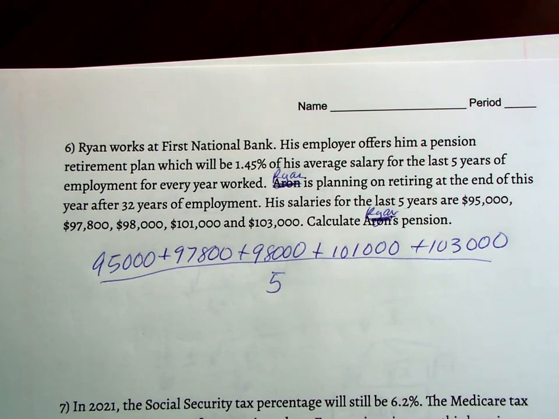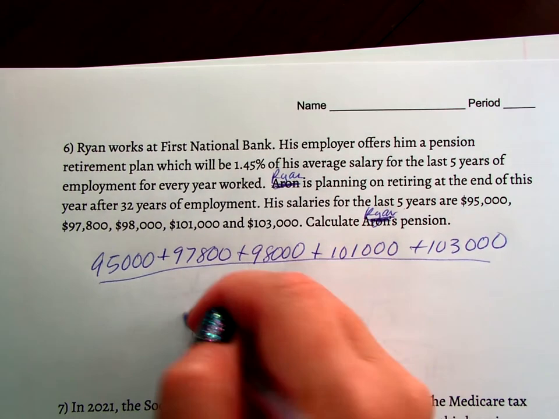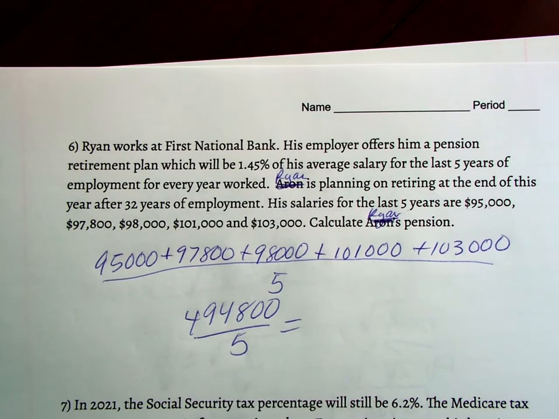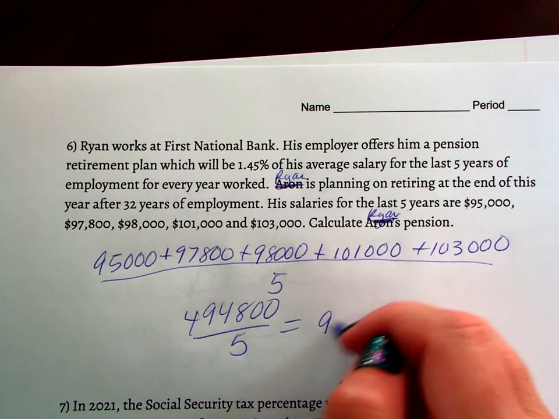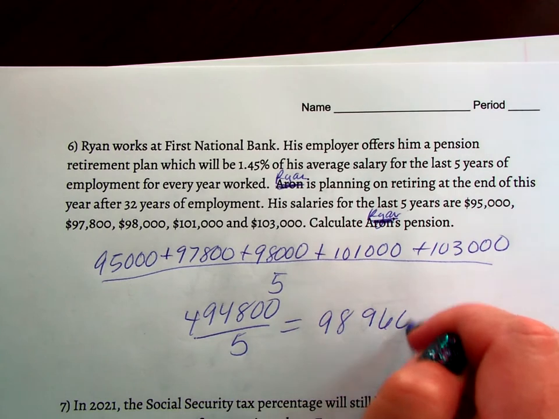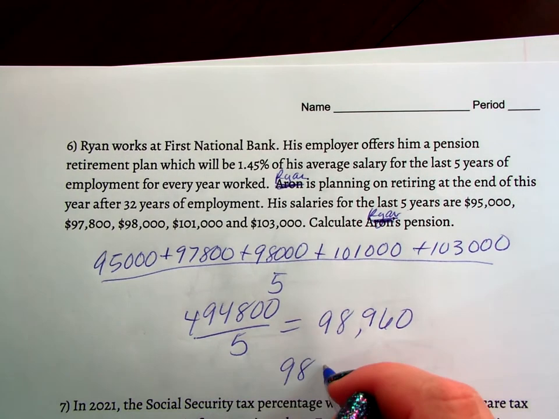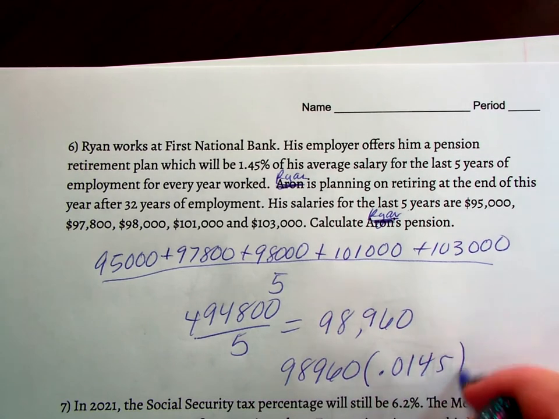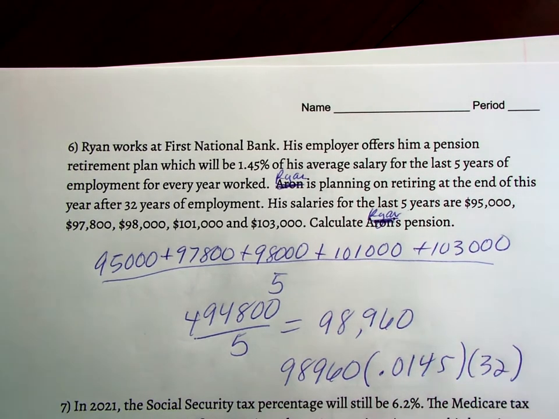So take a second to do that on your calculator. Double check my number. Did you get $494,800? Divide that by 5. I'm getting an average salary of $98,960, and so the pension is calculated by taking that average times the 0.0145 rate times his 32 years of service.